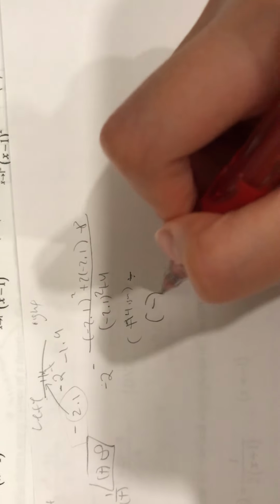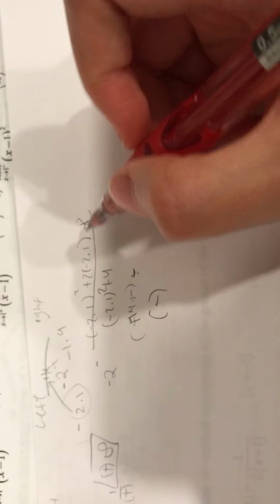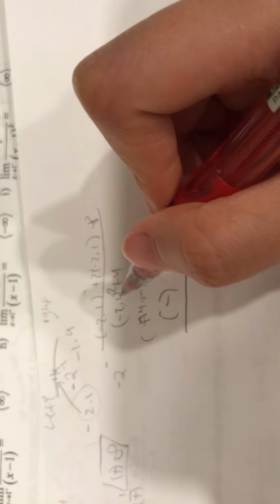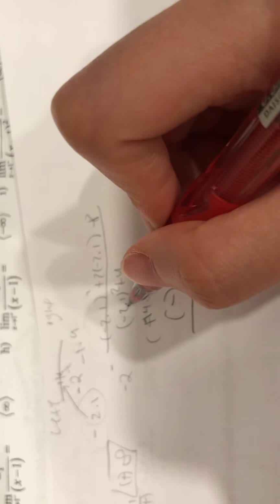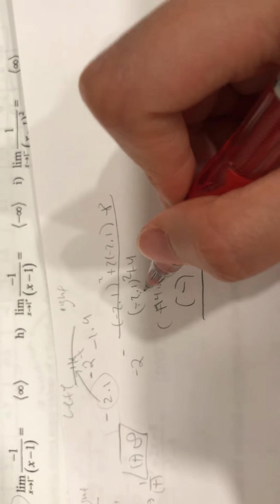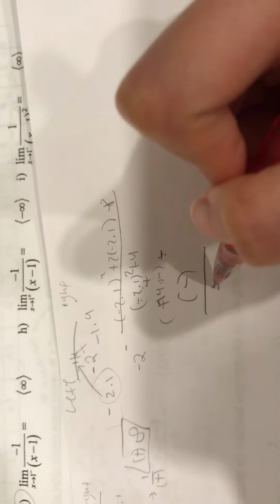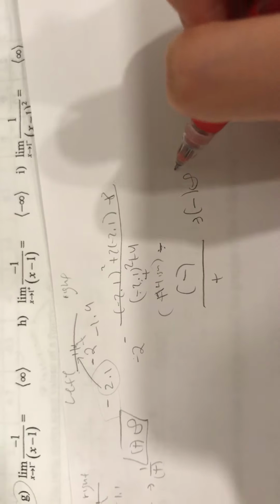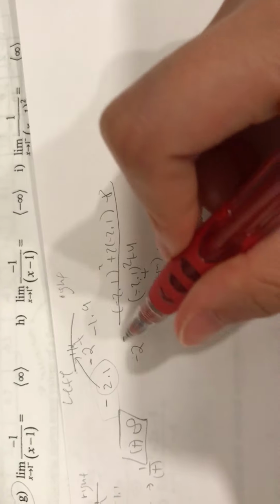So basically, you know it's going to be negative on the top because that 8 is going to make it negative. And on the bottom, negative 2.1 squared is a positive number, minus 4 is a positive number, so negative over positive, negative infinity. That's for the left side.